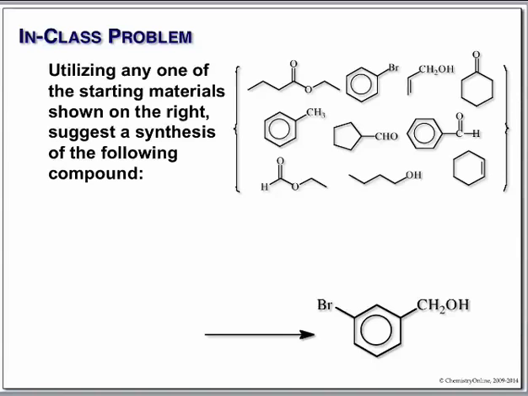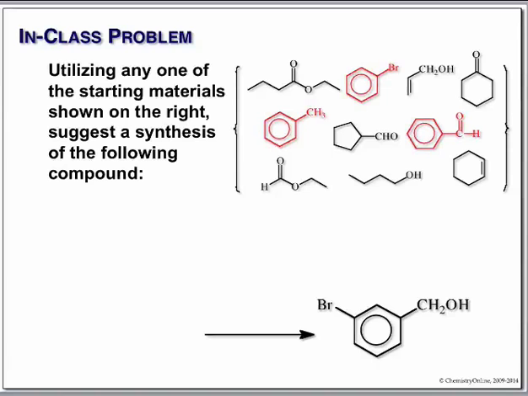Now, the simplest thing to do here is just to look and say, okay, wait a minute. We have a benzene ring. From our set of starting materials, we actually only have 3 that have benzene rings in them, don't we? So this somehow makes it all a little simpler.